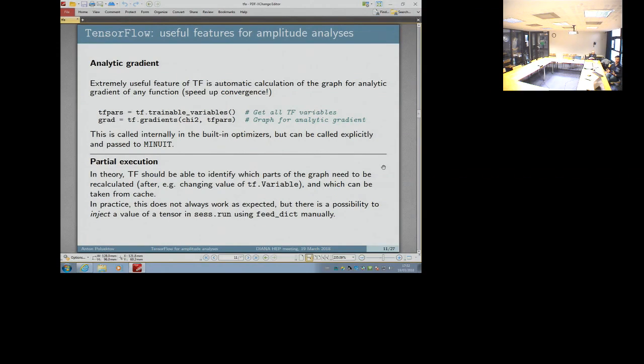But there is, in principle, a possibility to do this manually and to tell that some parts of the graph actually need to be calculated only once at the start of the minimization, like, for instance, the helicity factors in the amplitudes, which usually don't change as a function of the amplitudes or masses or the widths that you are fitting. In TensorFlow, there's a possibility to inject some value of a tensor manually, and this can also improve the time of the calculation quite significantly.